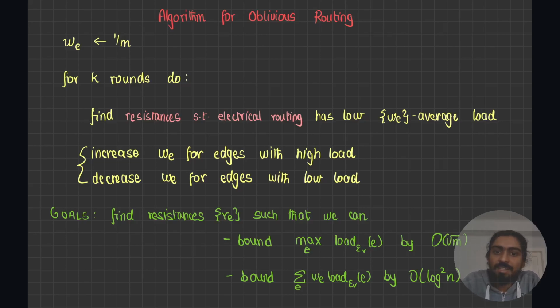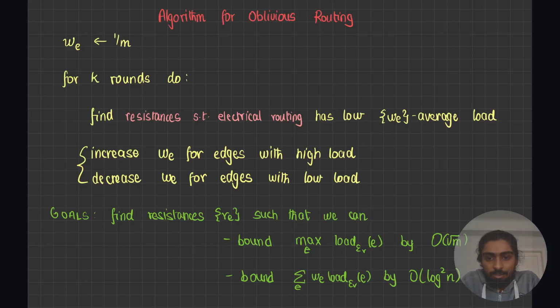So we want to find resistances such that K is low. And for K, what was the goal? The goal was to find a bound on the worst load on any edge. In the case of spanning trees, that was M. For electrical flows, for the resistances we give, it's going to be root M. So you get a square root of M improvement.